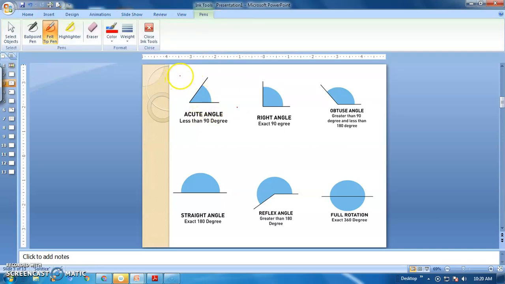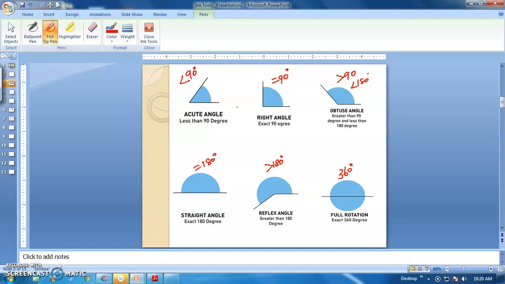The angle which is less than 90 degree is known as acute angle, and exactly equal to 90 degree is known as right angle, and which is greater than 90 degree but less than 180 degree means it is obtuse angle, and exactly 180 degree means it is called straight angle, and more than 180 degree means it is called reflex angle, and exactly 360 degree it is full rotation.